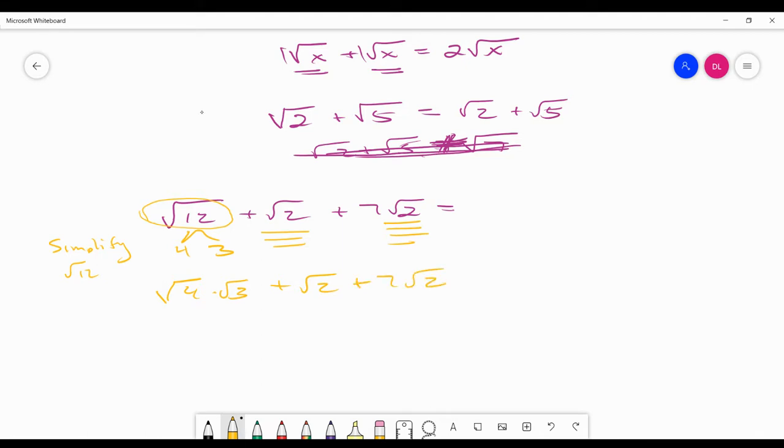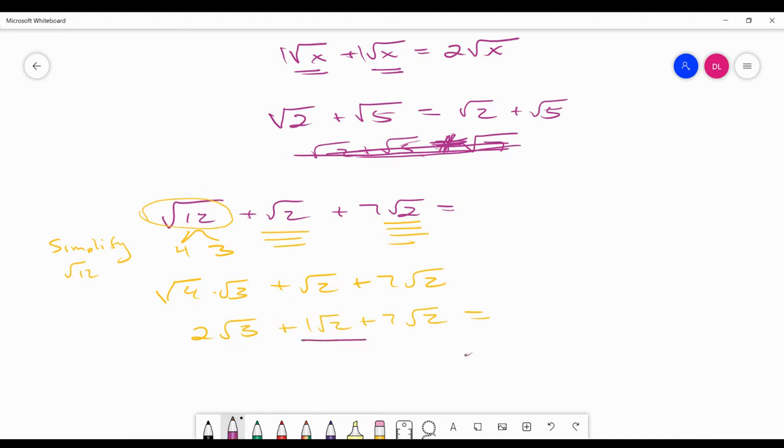All I did was break this down into two numbers, because I know that the square root of 4 is 2. So I have 2 square roots of 3 plus 1 square root of 2 plus 7 square roots of 2.